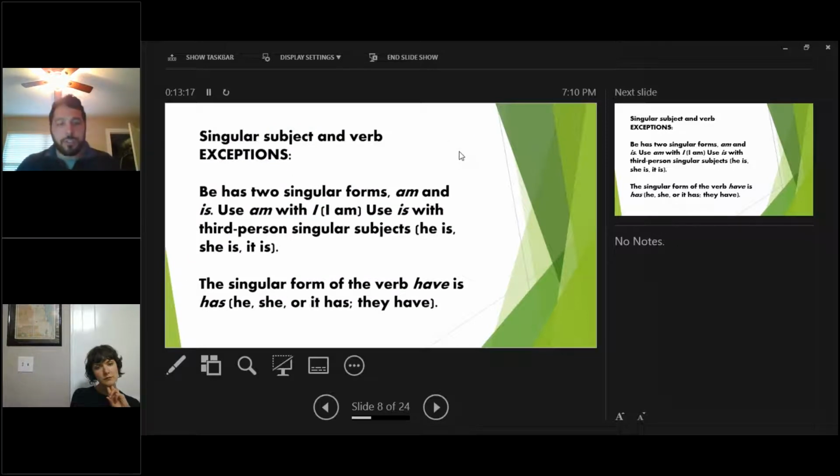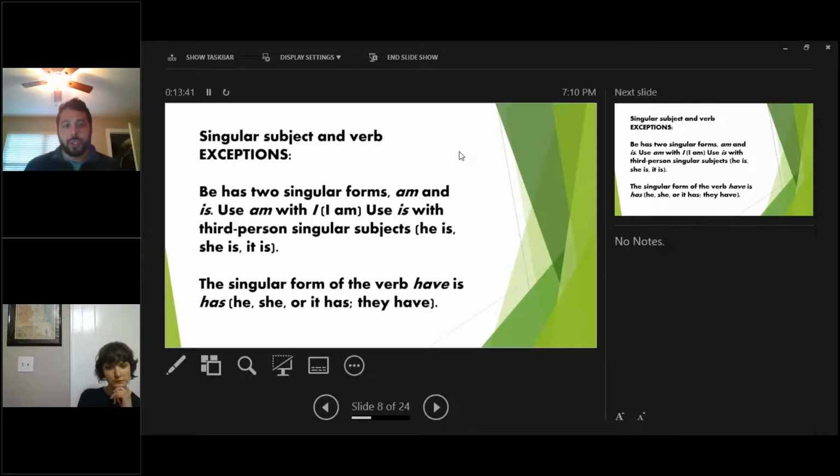Okay, and I've touched on these both already, but these are two important notes to remember about singular subjects and verbs. Be, like I said, has two singular forms. We already discussed is, like he is, she is, it is. But when you're referring to a first person I, it's am. So I am going to the mall, or he is going to the mall.